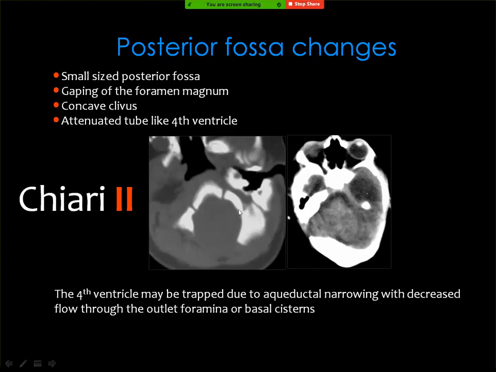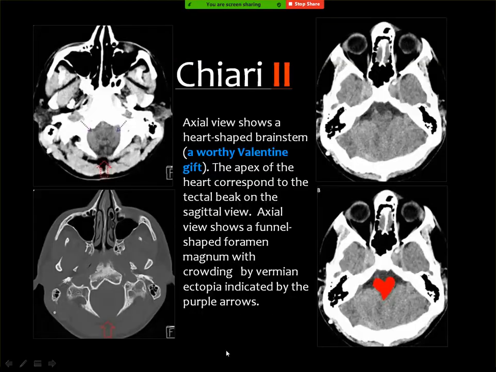Then the changes at the posterior fossa: you get a small posterior fossa because of the herniation of some of its contents, and widening of the foramen magnum and the convexity of the clivus to let the way for the descending parts of the cerebellum.